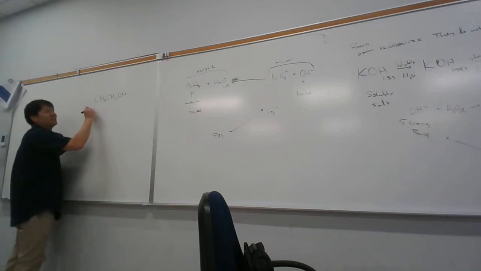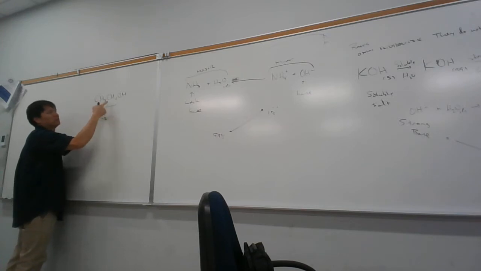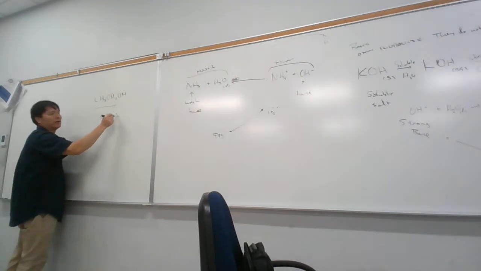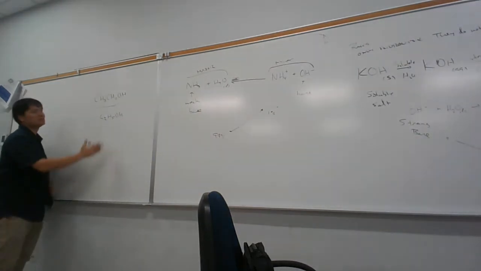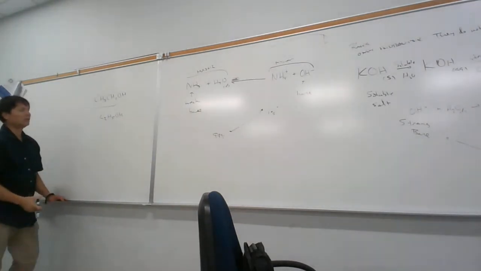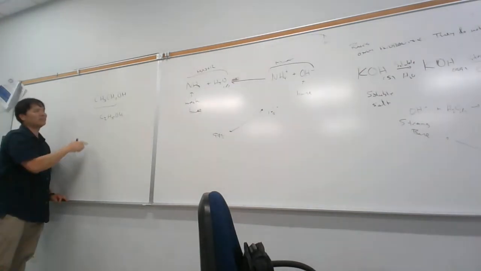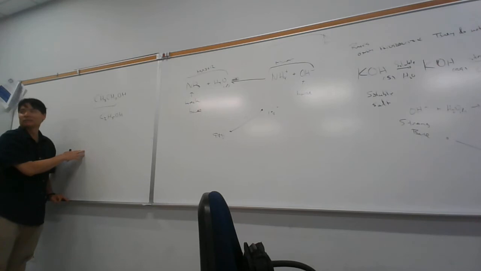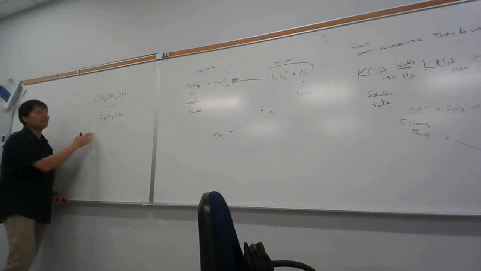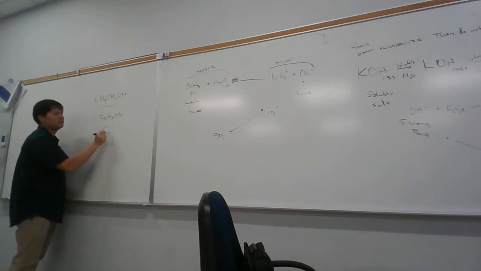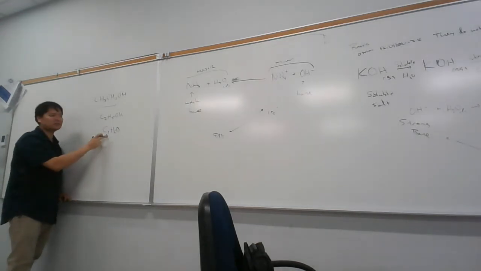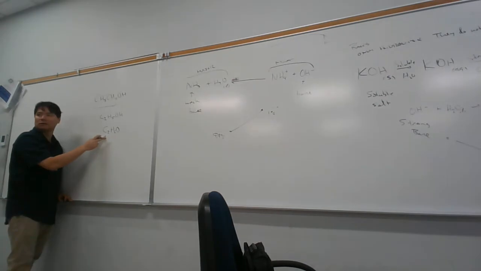And then what they like to do is shorten this to C2, 2 carbons, and 5 hydrogens, and then an OH. And so this is a condensed structural formula. But it's condensed, so you lose a little bit of information. And then we could condense this further to C2H6O. Do you recognize this as being ethanol?